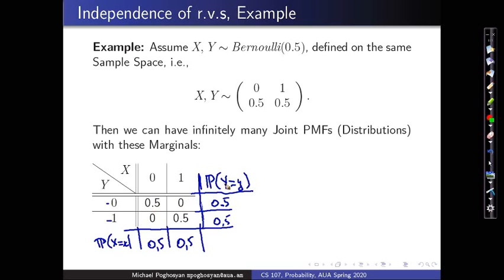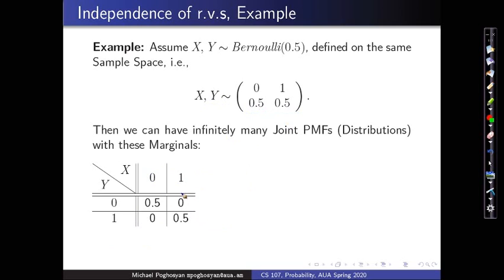So y is taking values 0 and 1 with probability 0.5, 0.5, and x is taking values 0 and 1 with probability 0.5, 0.5. So for this joint PMF, marginals are exactly these ones. But this is not the only case.